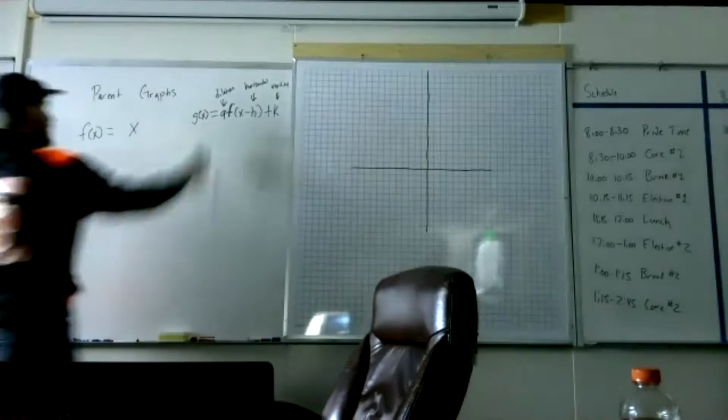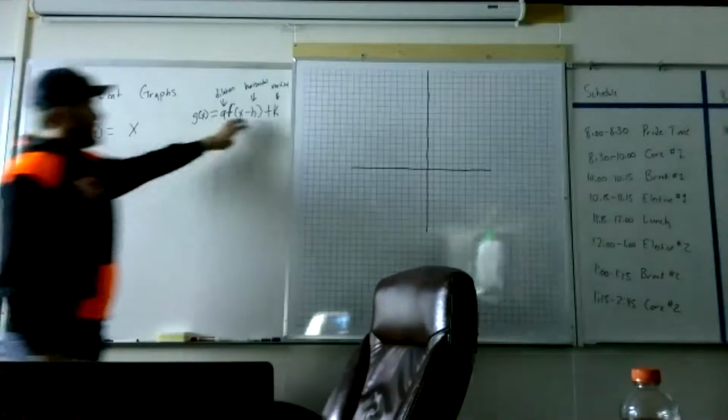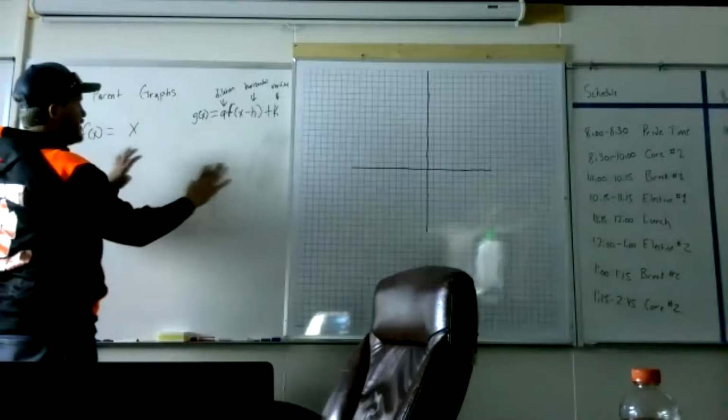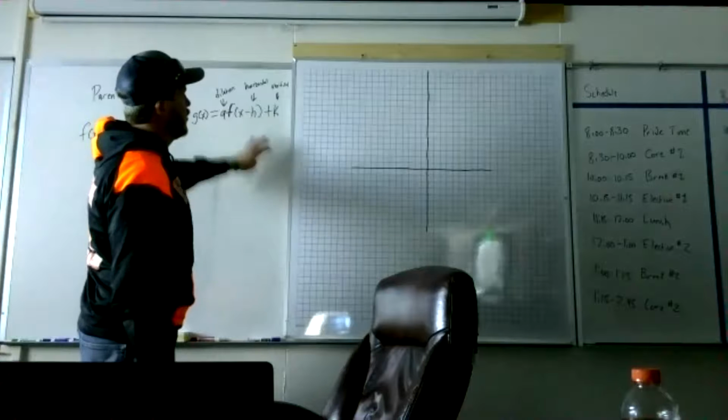So once again, a is the value that's going to stretch or compress our graphs. h is the value that's going to slide it along the x-axis, and k is the value that's going to be sliding it on the y-axis.